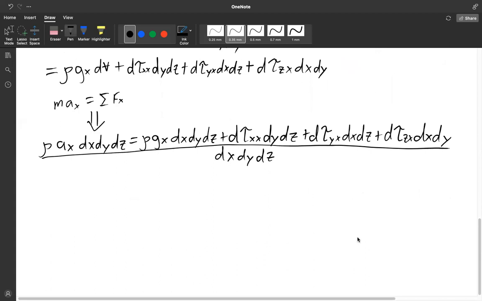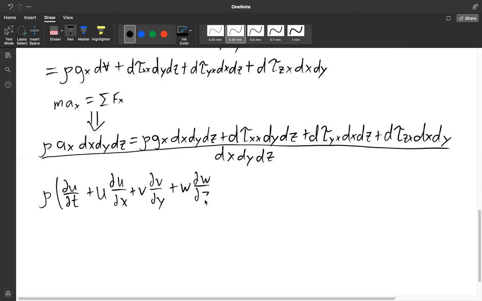And what this will give us is the following. We have rho times partial u partial t plus u partial u partial x plus v partial u partial y plus w partial u partial z.